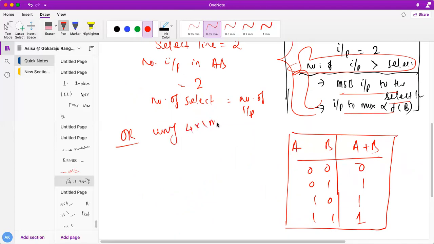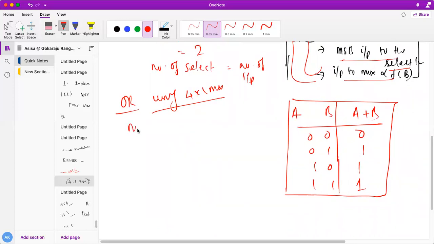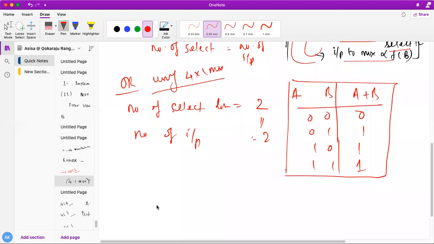So I am designing an OR gate now using a 4x1 mux. Okay. So what I have to do, I have told here 4x1 mux means number of select lines is how much? Number of select lines 2. Okay, and here number of inputs how much? 2. Now number of inputs equals number of select lines. So what you need to do, this A and B connect to this S1 and S0 of the mux. Let's say this is my mux, which is nothing else but my 4x1 mux.